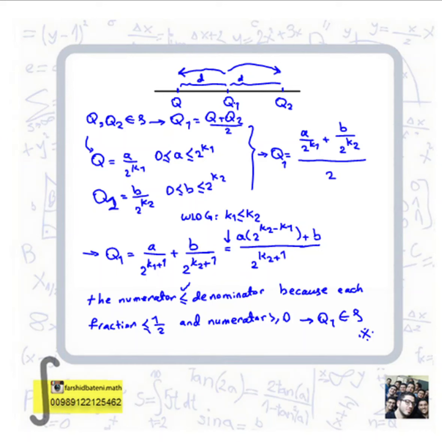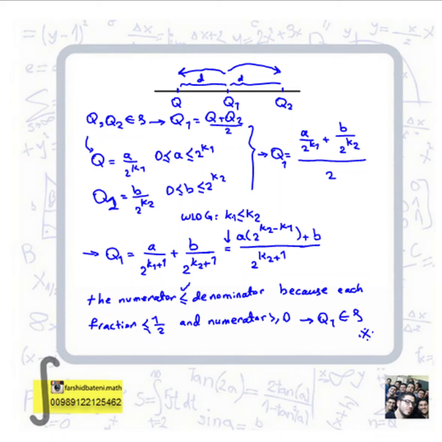We said player B did not have any alternative for going left or right. Whether he chooses left or right, the robot would reach S points. So Q and Q2 belong to S, and Q1's coordinate is the arithmetic mean of Q and Q2, and we write it and simplify it using a common denominator.